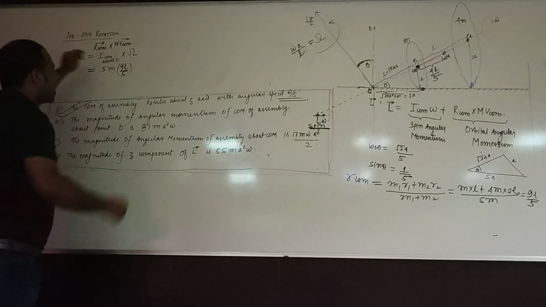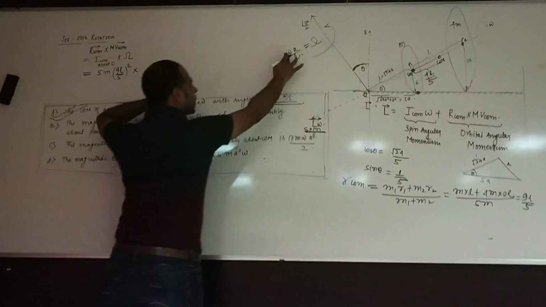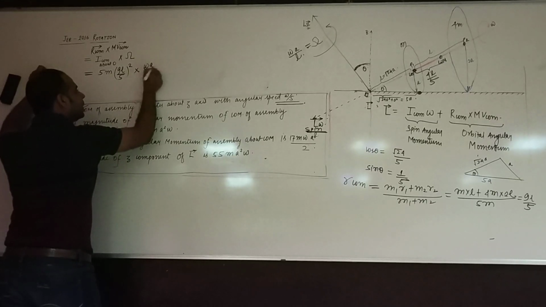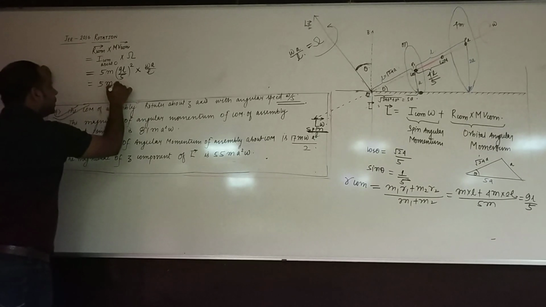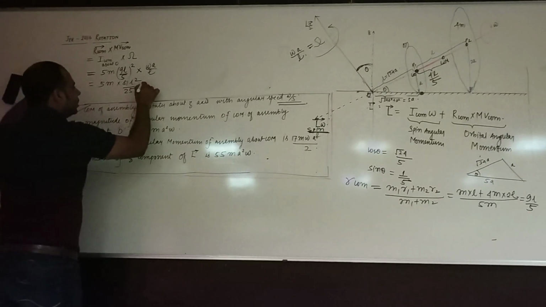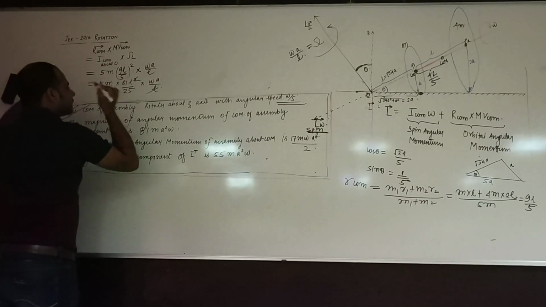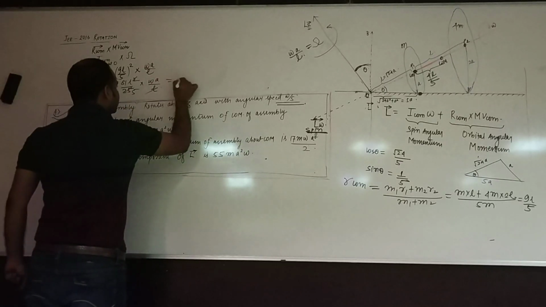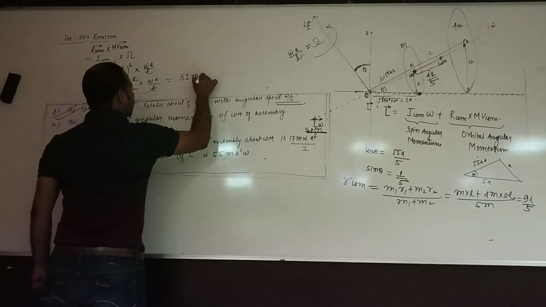So m is this, r square we have to put, and omega we had already calculated as omega A by L. So this comes out to be 5m into 81 L square upon 25 into omega A by L. So one of the L gets cancelled, 5 gets cancelled to 5. We are left with 81 m omega.